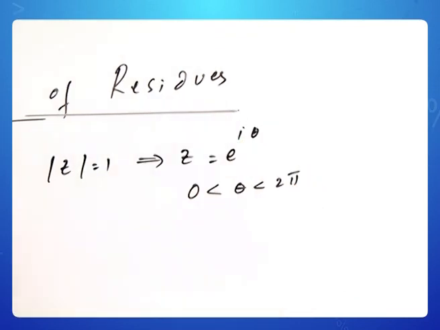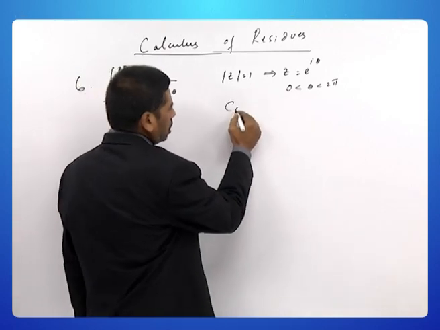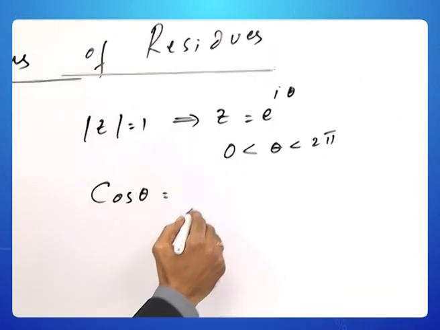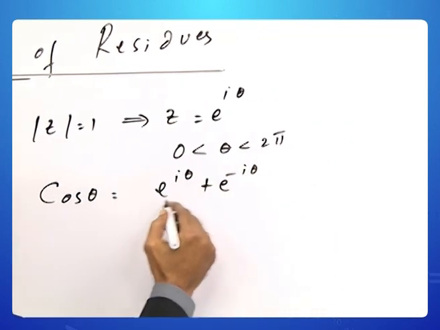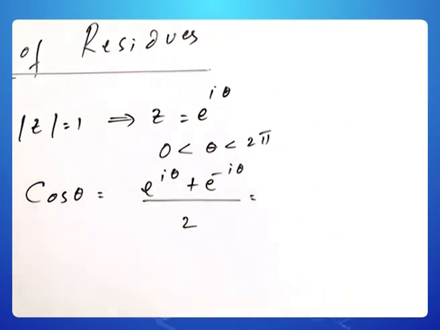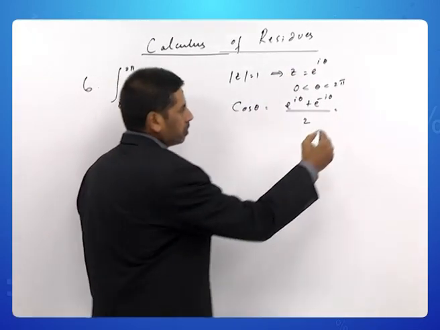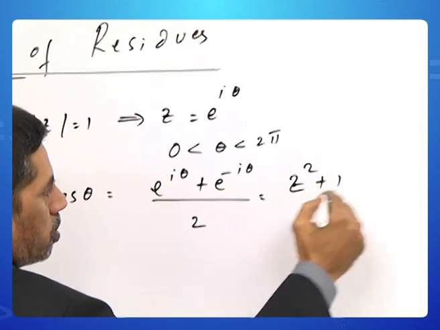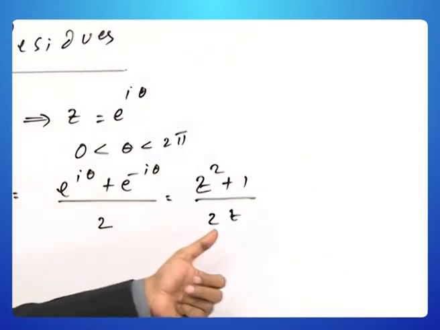Remember cos theta is e power i theta plus e power minus i theta by 2, which when converted in terms of the complex variable z will give you z square plus 1 by 2z. This can be remembered directly.